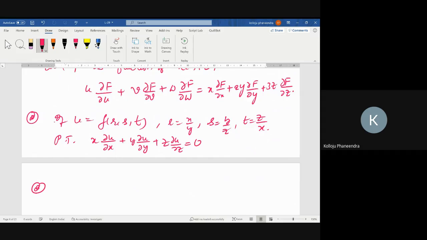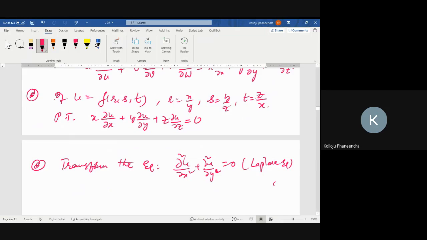Transform the equation ∂²u/∂x² plus ∂²u/∂y² equal to 0. This is what? The well-known Laplace equation, into polar coordinates.